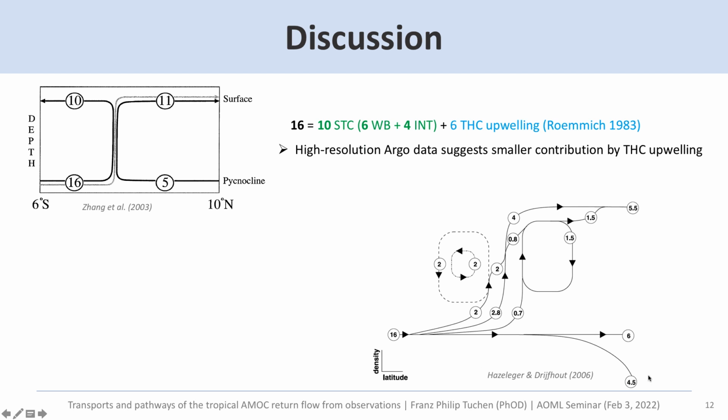Even 4.5 are subducting, and what is left is these 5.5 Sverdrups of THC upwelling, which they also compared to the Römmich values and said they are in good agreement. So definitely a few studies rely on these estimates by Römmich, and we are now providing a different value and questioning this previous estimate.